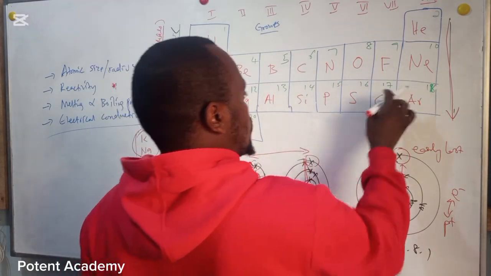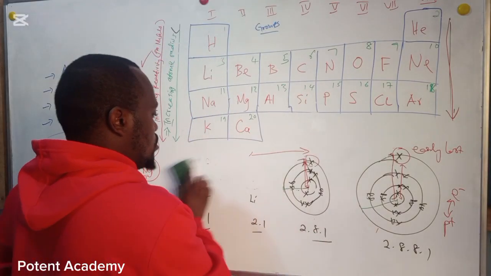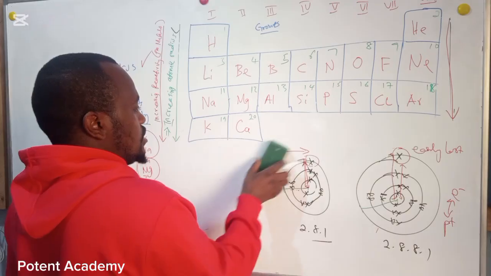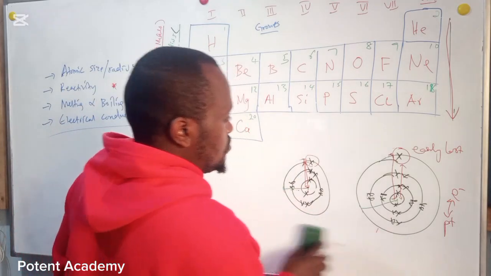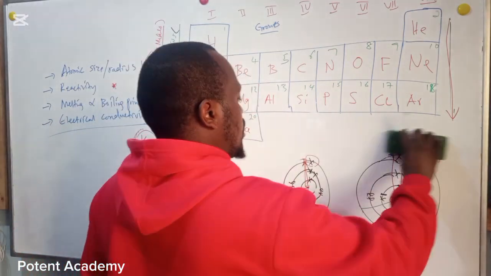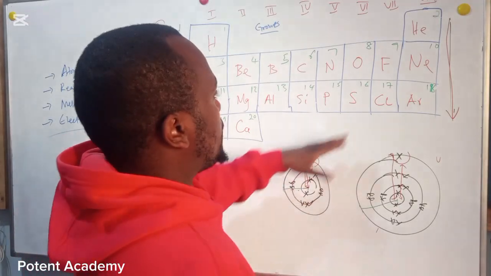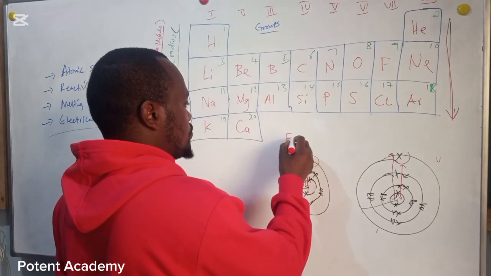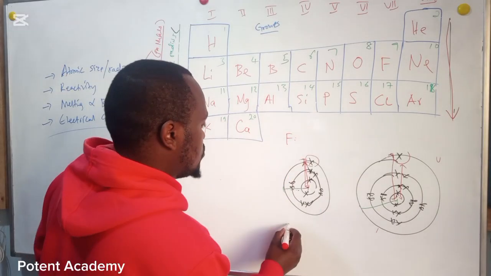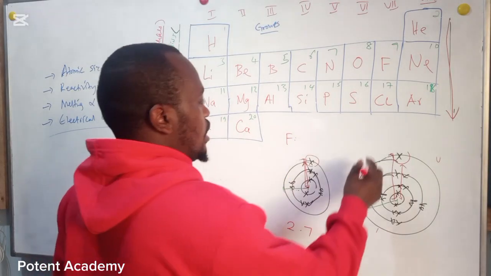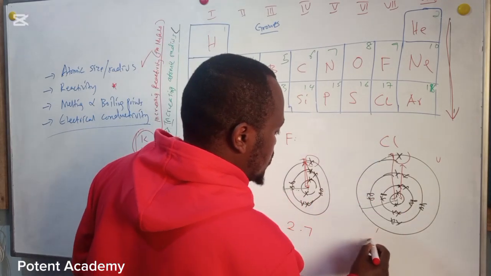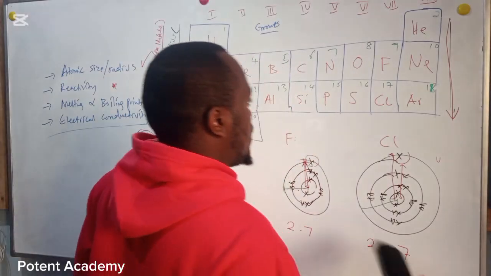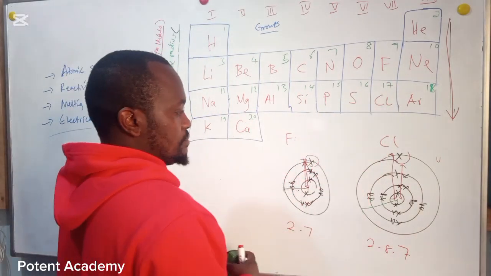Now that they are unreactive, we are going to compare for group 7. So we are going to talk about group 7 and we will have two: chlorine and fluorine. Fluorine has the electronic arrangement of 2, 7, while chlorine has the electronic arrangement of 2, 8, 7, because it has the atomic number 17.